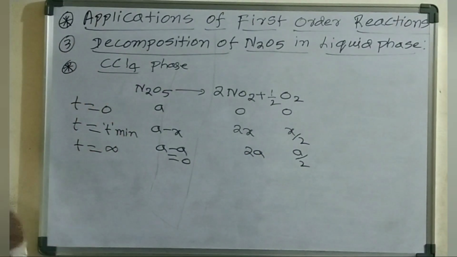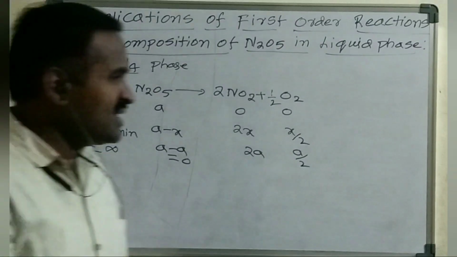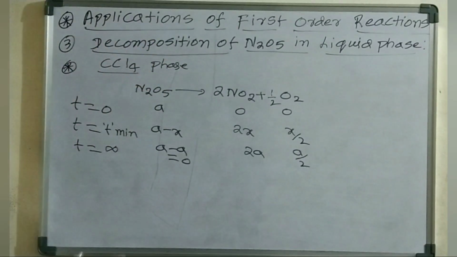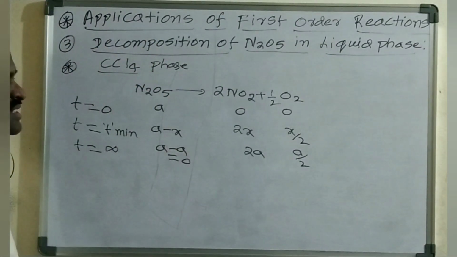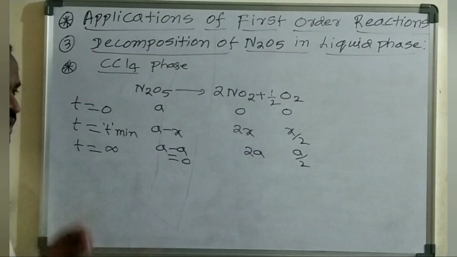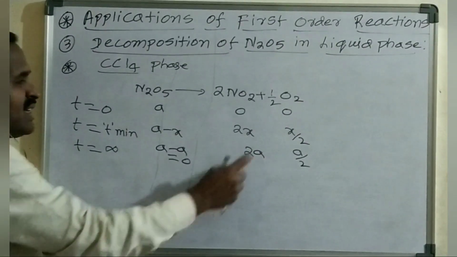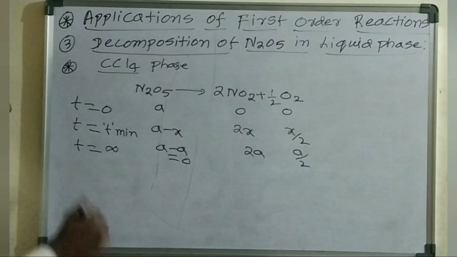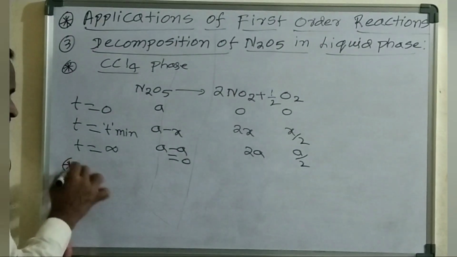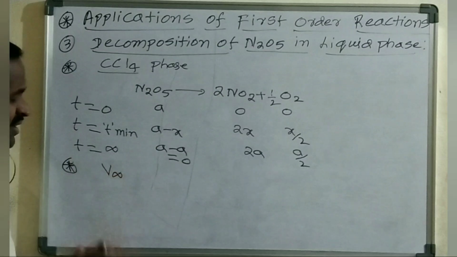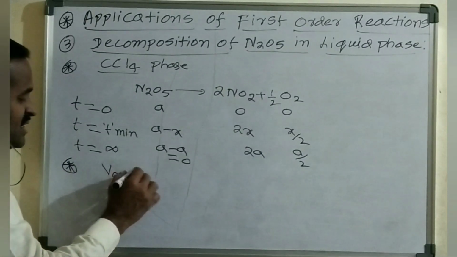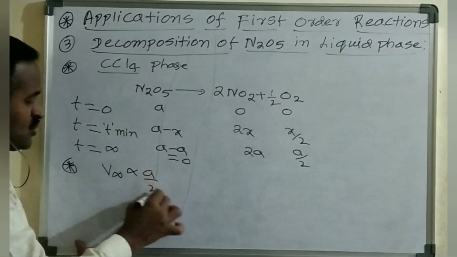So the progress of the reaction can be measured by finding the volume of oxygen gas. Generally at V infinity, the volume of oxygen gas at infinite time is directly proportional to a by 2.